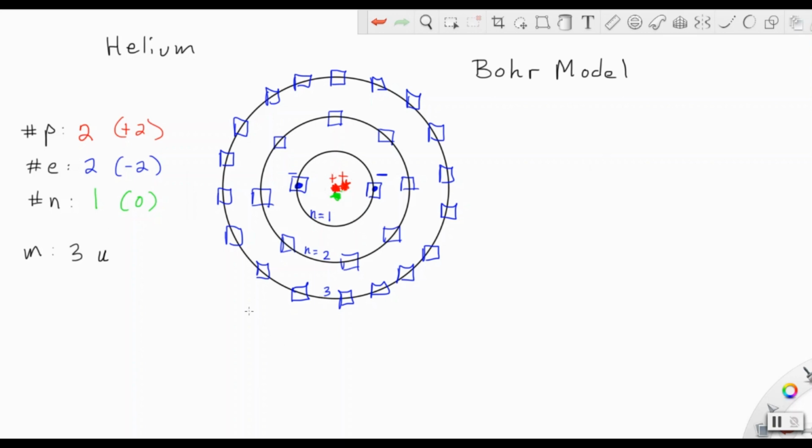Now, the question is, is this a helium atom? Yes, it is. It is a helium atom, and we actually call this an isotope. But this is a helium atom that weighs a little differently than your standard helium atom. They don't happen as often, but it's totally possible that they could happen. So the number of neutrons and the number of electrons definitely do not uniquely characterize this thing as a helium atom.